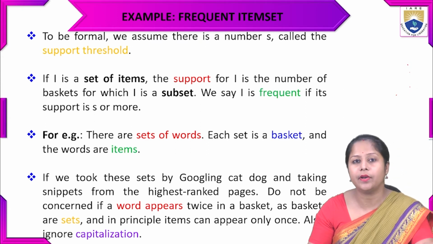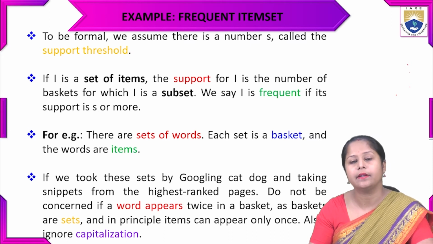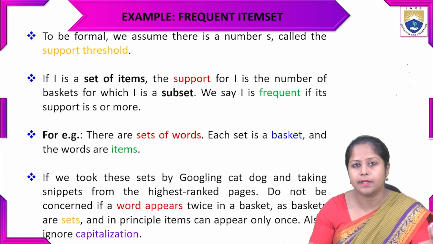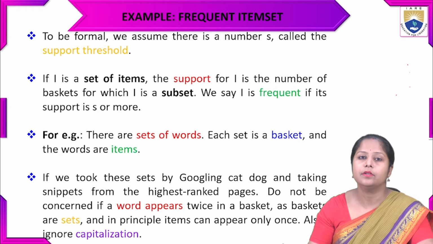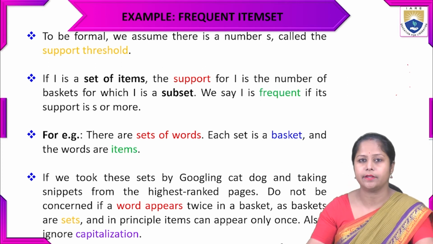So in one basket the items should be unique, but for another basket, if they match, those will be the frequent items.